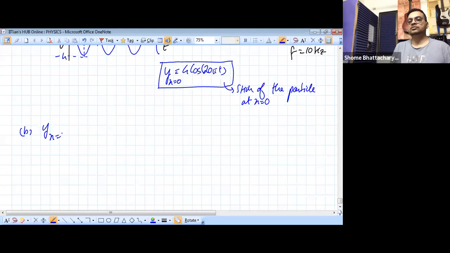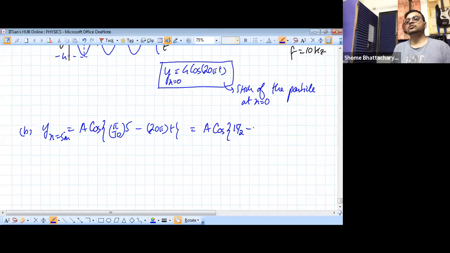So for x equal to 5 meters, this will become A cos of k, which was pi by 10, into x, which is 5, minus 20 pi t. So A cos of pi by 2 minus 20 pi t.